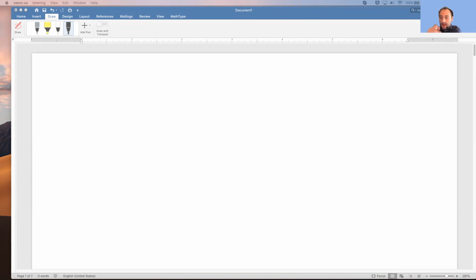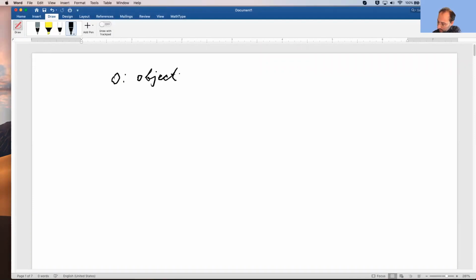If you have two frames, and you have an object moving, and you want to describe the velocity of that object in the two frames, then O is the object, and you have frames S and S prime.